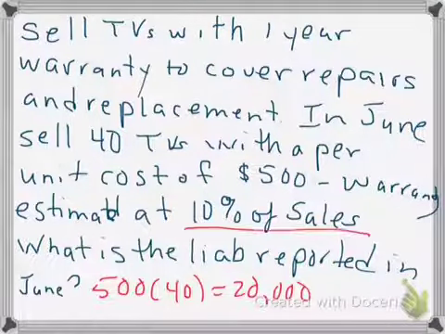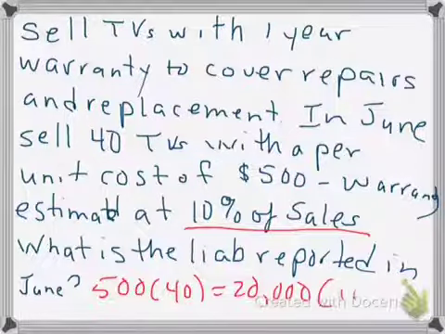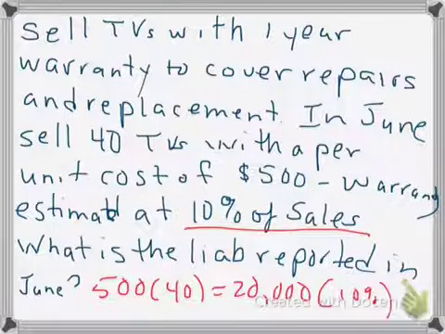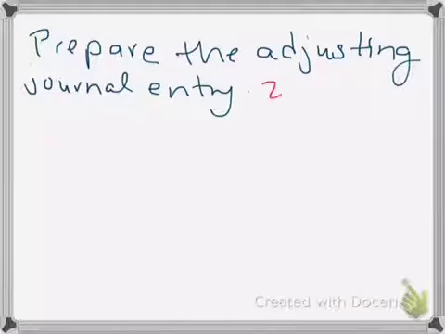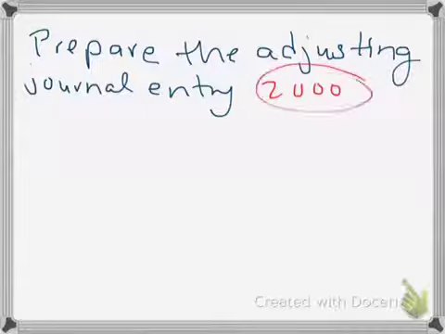Now it does say 10% of sales, so we would take our $20,000 and multiply that by 10%, and we would be at $2,000. That is what our journal entry amount is going to be for that warranty expense or warranty liability.